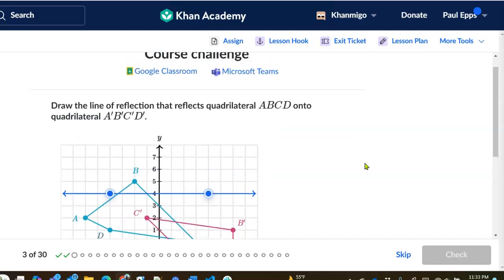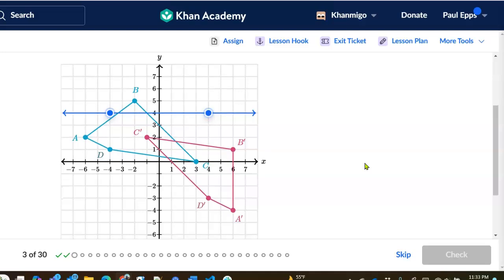Yikes. Draw the line of reflection that reflects quadrilateral A, B, C, D onto A prime, B prime, C prime, D prime. Got to pick some good points here. C looks pretty easy. It's going to be right there. That's the line of reflection for that.